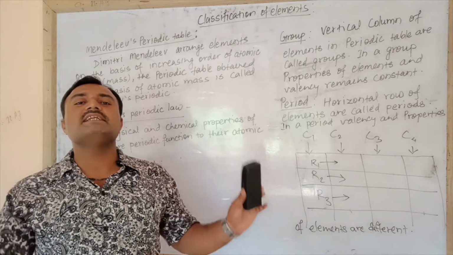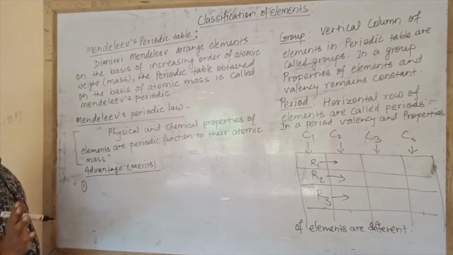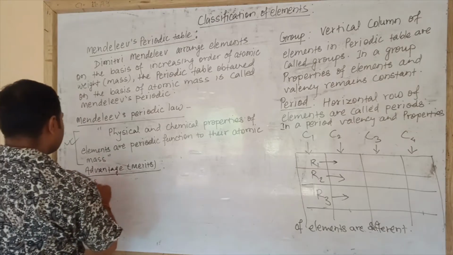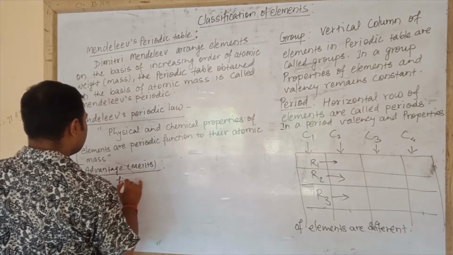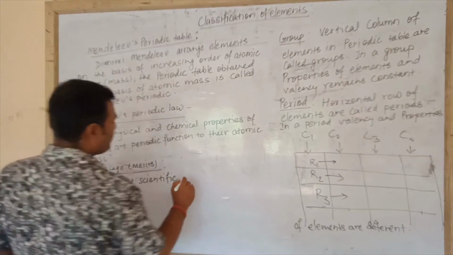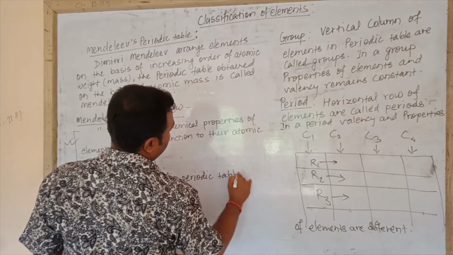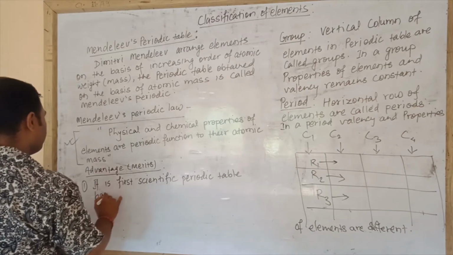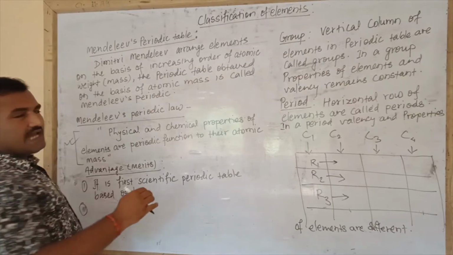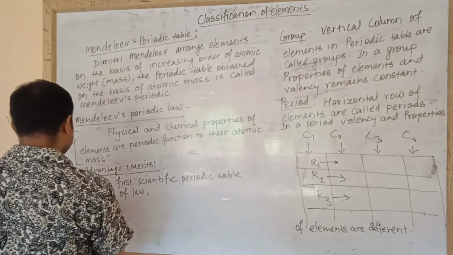These were all unscientific, not based on a proper rule. Mendeleev's periodic table is the first scientific periodic table, based on a particular rule: the other elements are arranged on a certain rule, that is, increasing order of atomic mass.